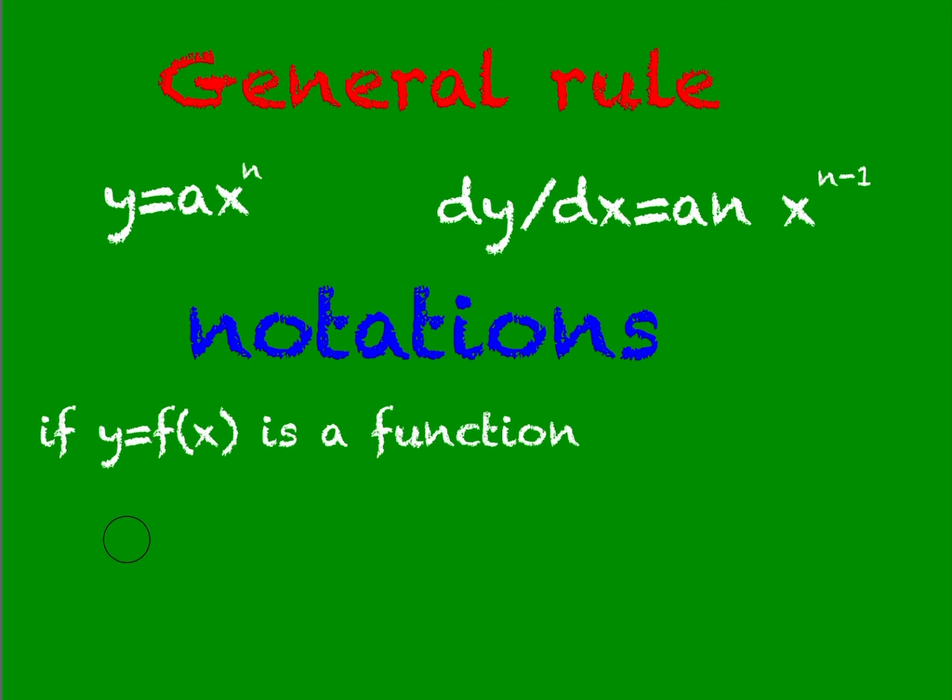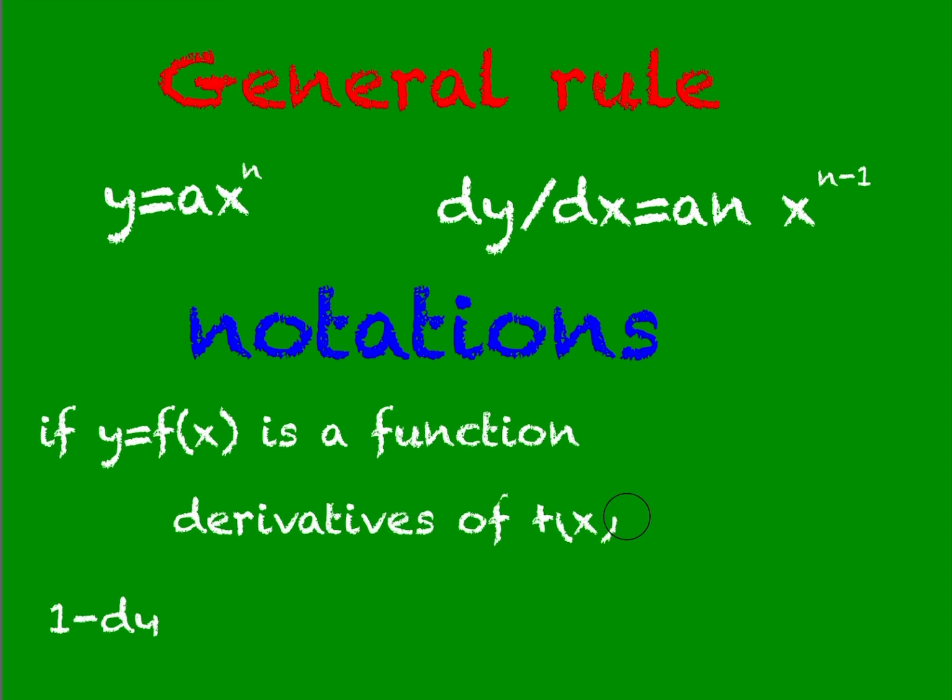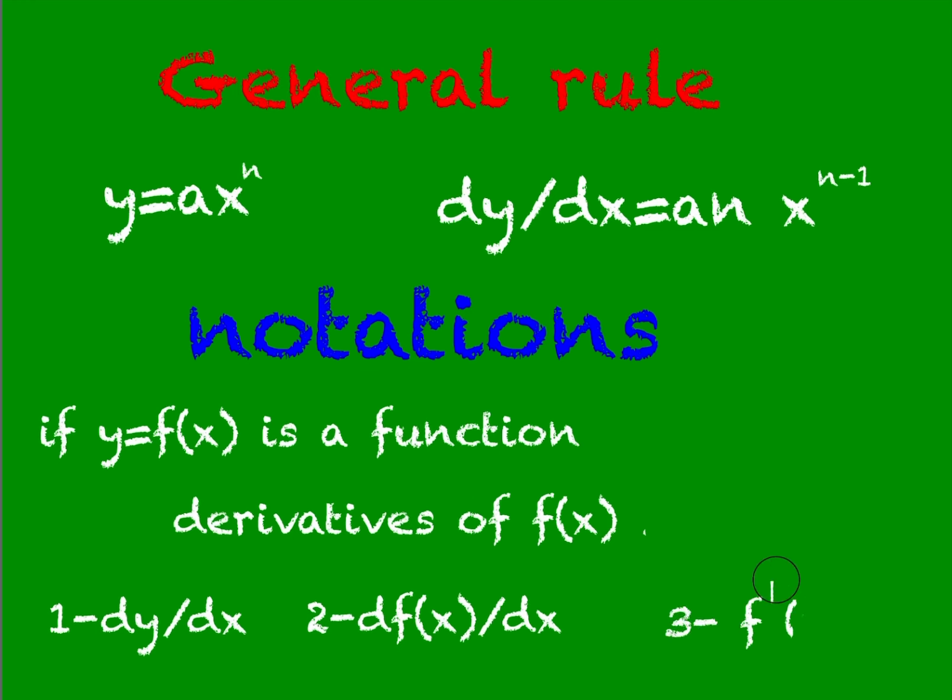Then the first one, dy over dx, or in a second way, d of f(x) over dx, because y and f of x are the same, with respect to x, or the third one, a little bit different, f prime of x. Three of them represent the derivative.